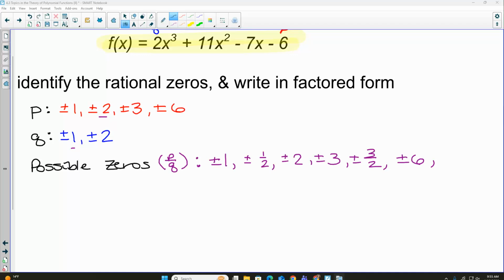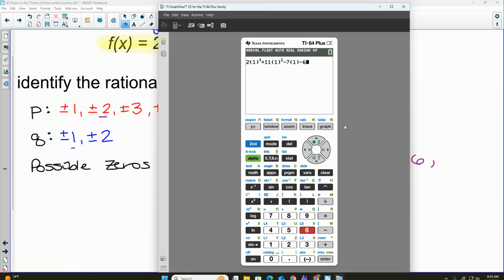Let me show you how I type that in. If it's me, you don't have to do this, but I like to type it in parentheses like that and hit enter. Oh, I got really lucky.